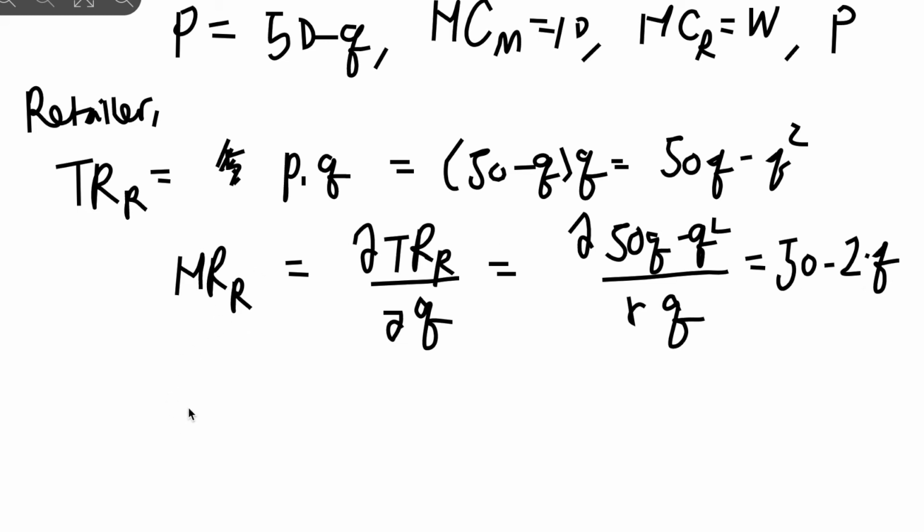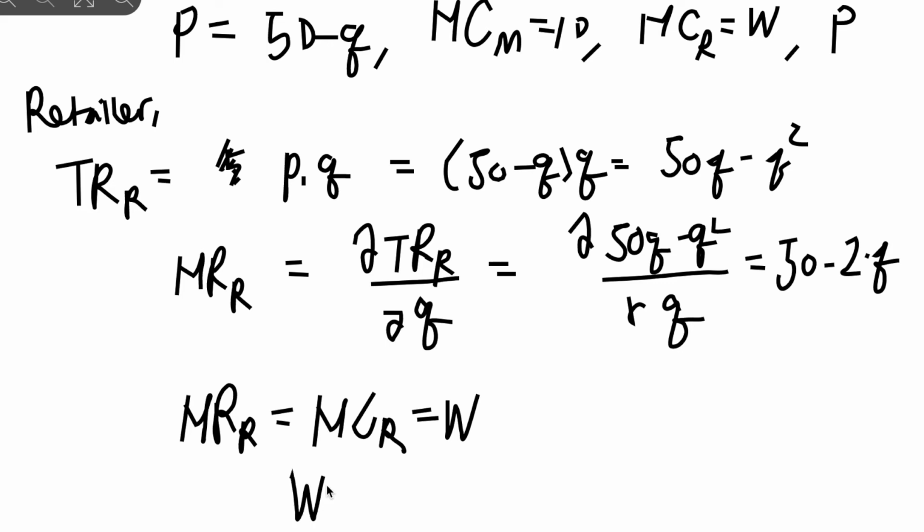To set the monopolizing price, we want the marginal revenue of the retailer to equal the marginal cost of the retailer, which is W. So we get the demand curve for the manufacturer: W equals the marginal revenue of the retailer, which is 50 minus 2Q.